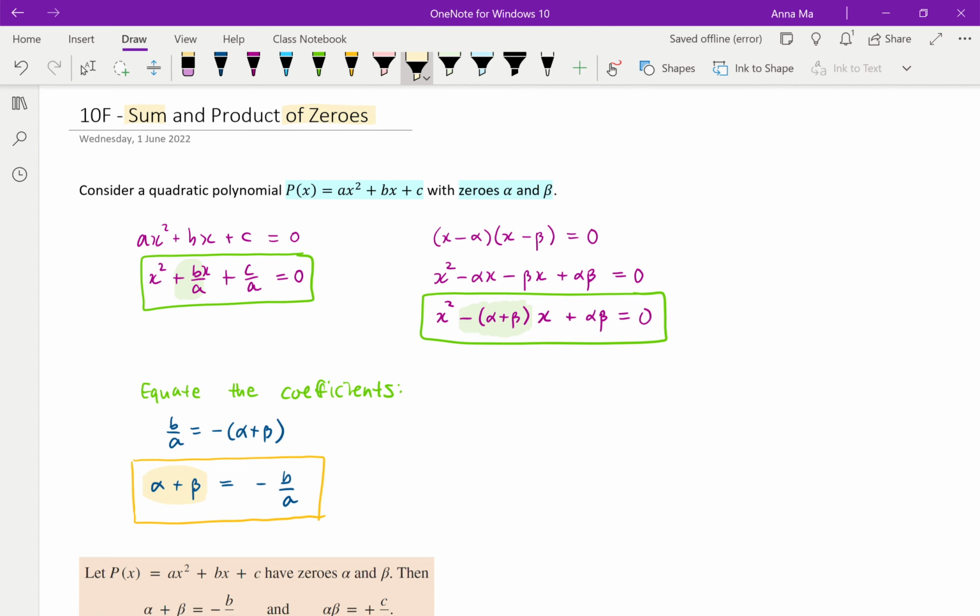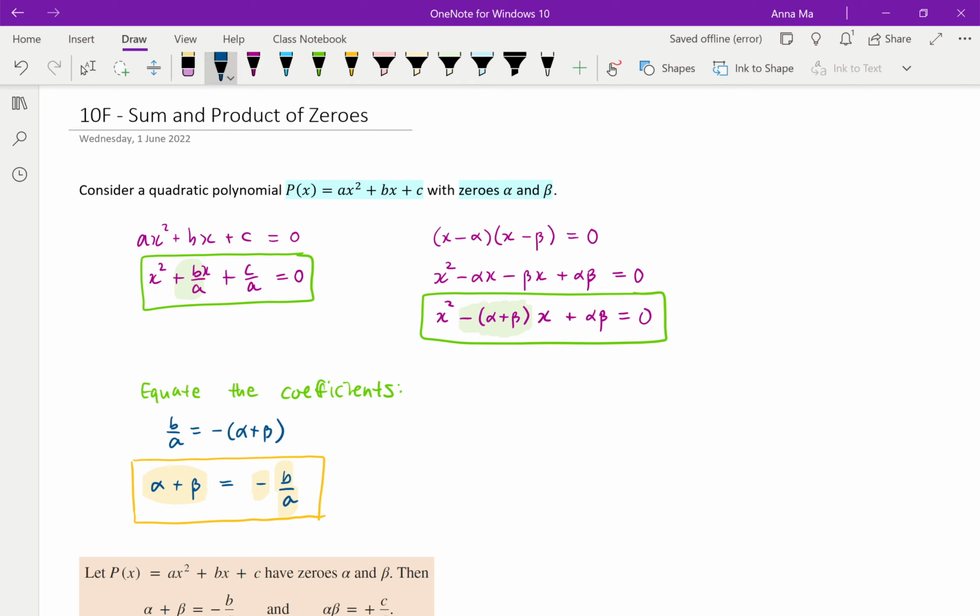The sum of zeros is in fact equal to negative b over a, where b is the coefficient of x and a is the coefficient of x squared. So without having to find the zeros separately, I can now find the sum of the zeros looking at the coefficients of a polynomial. So I don't have to solve anything.